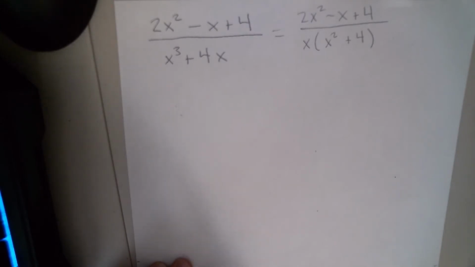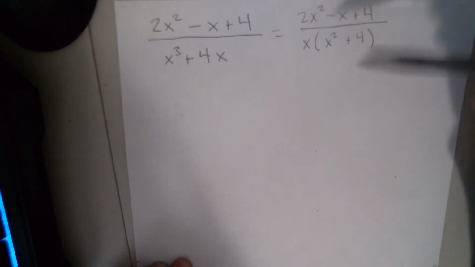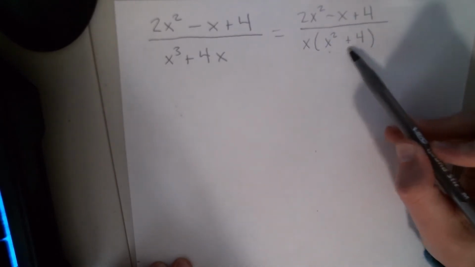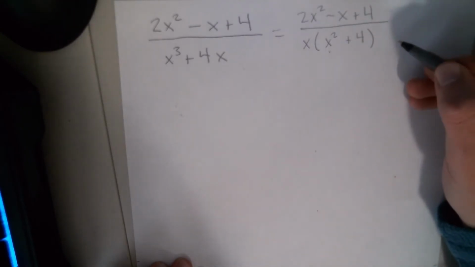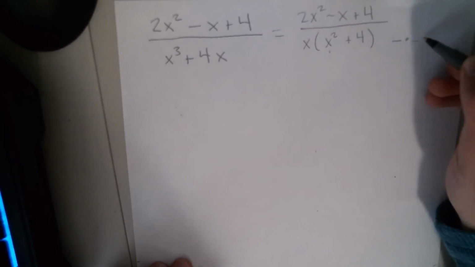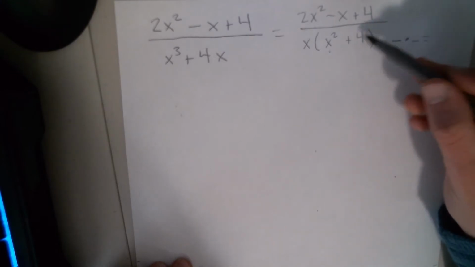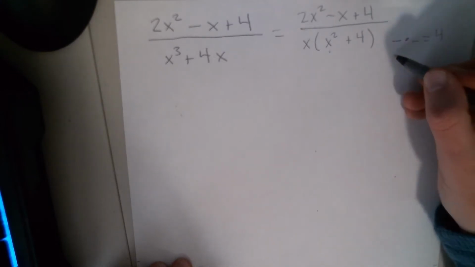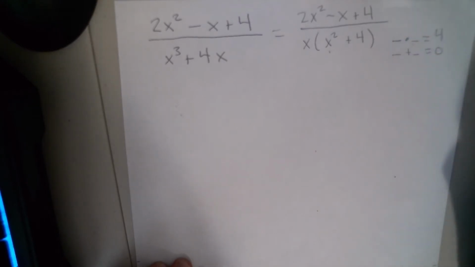Now that we have this factored, we can look and make sure, can we factor it anymore? Does x squared plus 4 factor? Well, it does in complex numbers, but let's look and see. If I were to try and factor it regularly, I would look for numbers that multiply to 4 and add to 0.